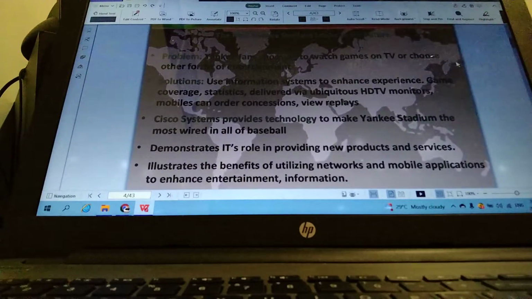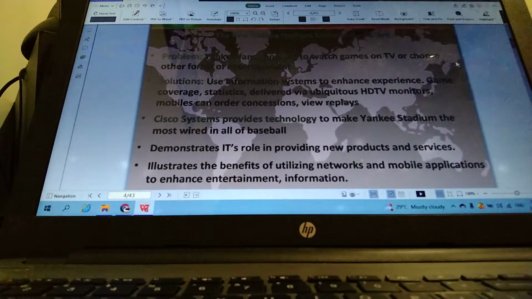So with that, we are given one case study. The problem here is related to the new Yankee Stadium looking to the future. The problem with this stadium is fans choosing to watch games on TV or choosing other forms of entertainment.